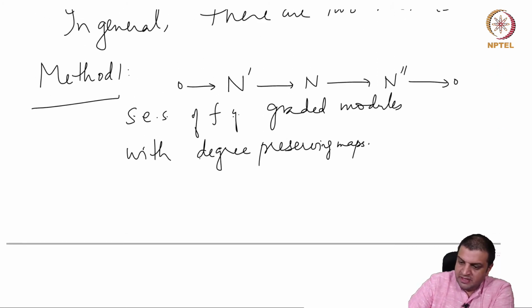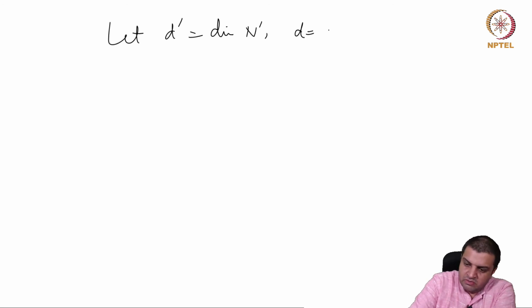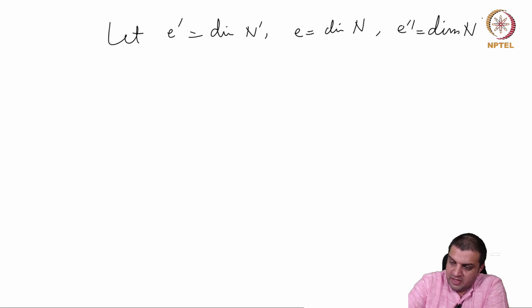Okay, so there are various quantities to be compared. We want to express q. So what do we know? Let d' be the dimension of N', and sorry, maybe let's use a different symbol, since I have not yet used e for M. Let's call it e', and e'' is the dimension of N''.